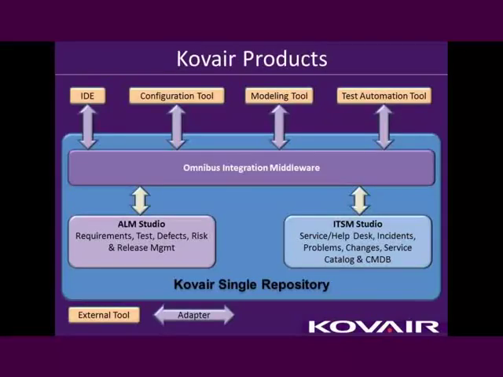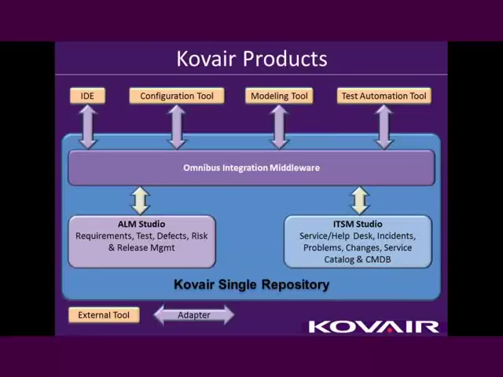Now let's look at the different products of Kovair. Basically, Kovair has 3 products. One is ALM Studio, our focus today, which is basically managing all aspects of application lifecycle management. Then we have ITSM Studio, which is really ITIL version 3 implementation using Kovair. And the third product Kovair has is the Omnibus integration middleware. As a matter of fact, you can use any of these products just standalone or mix and match between any of these products.